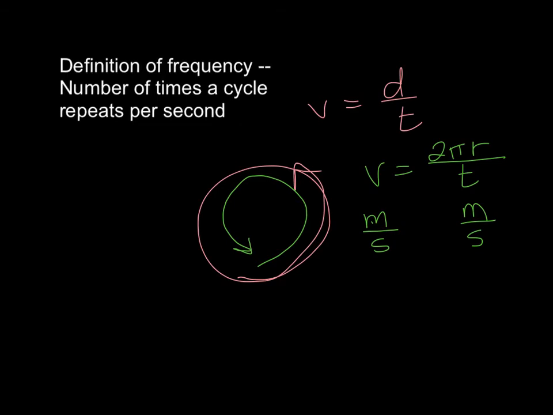If we solve for how long it takes him to go around once, the time is going to be equal to 2 pi r over his velocity. We call this time, the time to go around once, a very special time. It's called the period. This is going to come into play when we do simple harmonic motion later. So the period is the time to go around once.